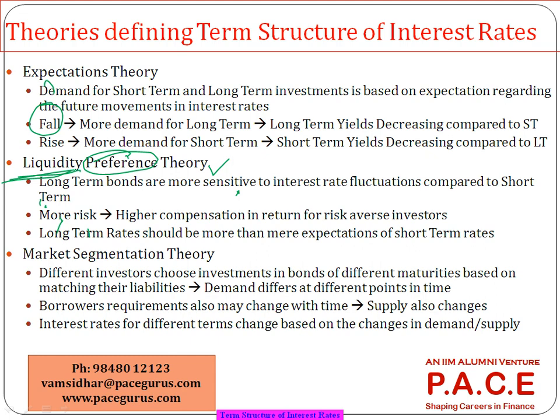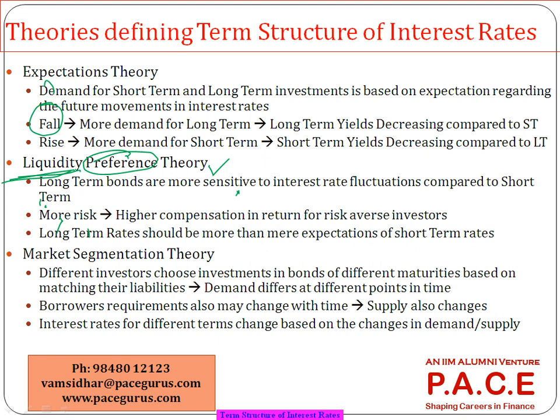And as per the risk aversion principle, anyone who is taking a higher risk will take that risk only when he is compensated for it in terms of higher return. So this theory, the liquidity preference theory, is saying that it's not just the demand for short term investments based on future expectations, but the longer term ones will definitely have slightly more returns compared to the shorter term ones because of the liquidity preference.